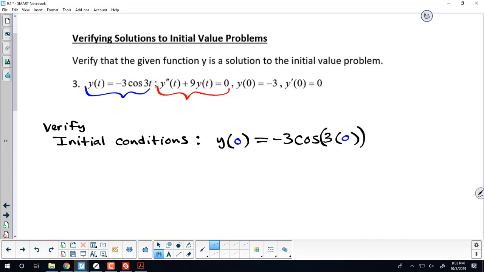The cosine of 0 is 1, which gives negative 3. So y of 0 is indeed negative 3. And same thing for y prime. y prime of 0 should be 0.